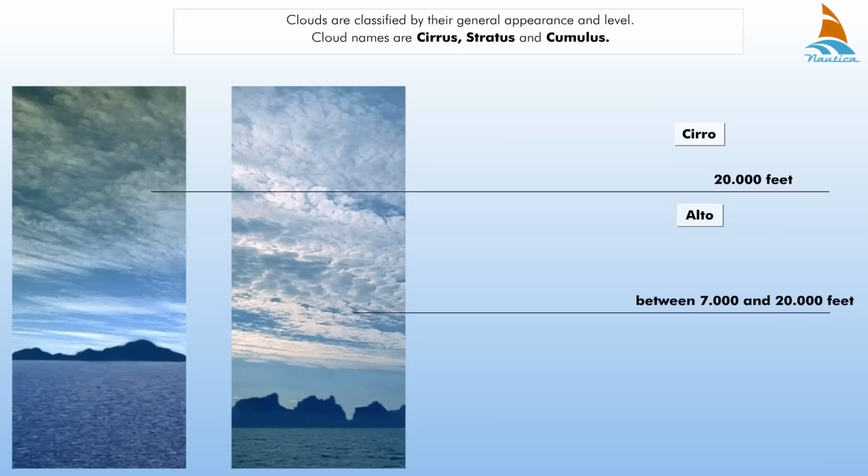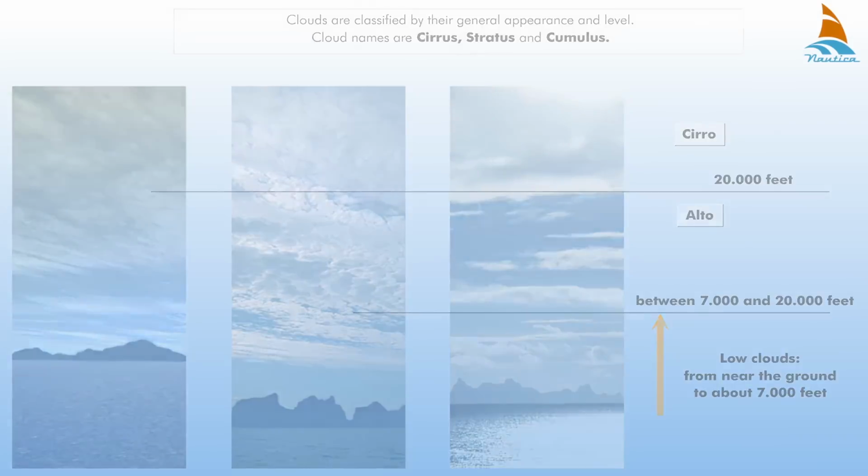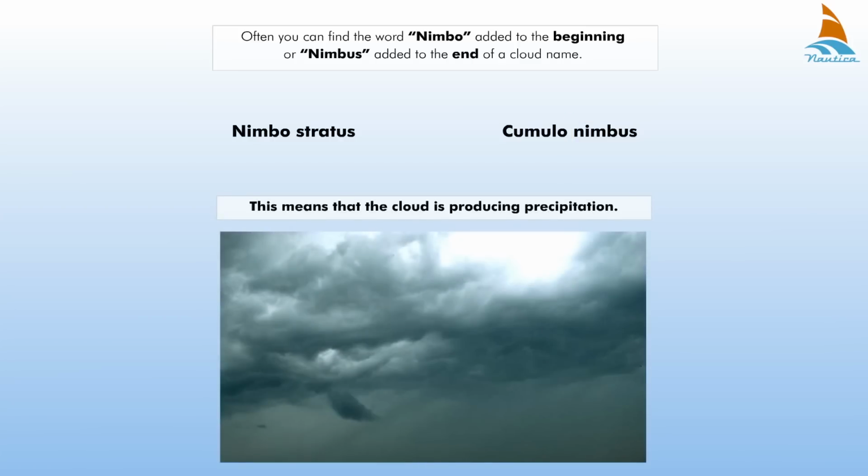There's no prefix for low clouds. Low clouds are found from near the ground to about 7,000 feet. Often you find the word nimbo added to the beginning or nimbus added to the end of a cloud name. This means that the cloud is producing precipitation.